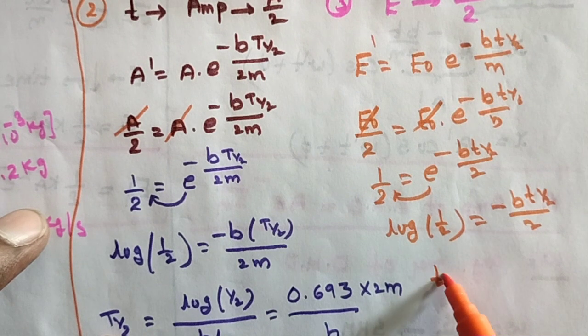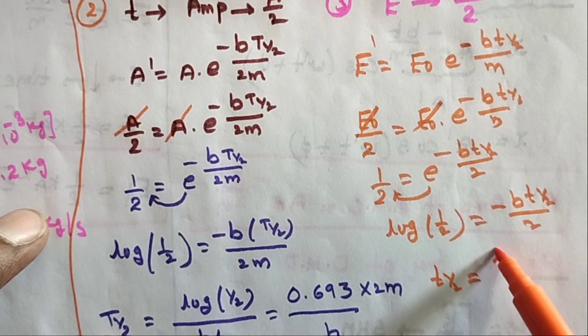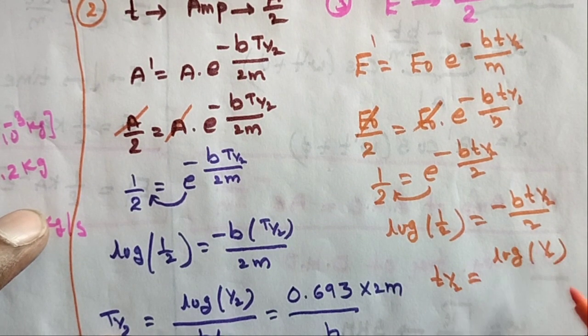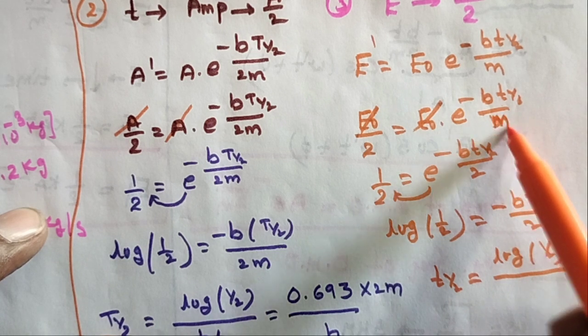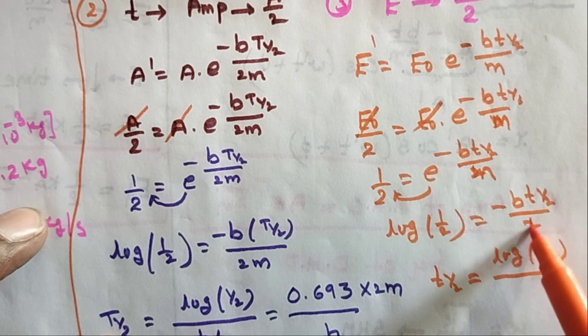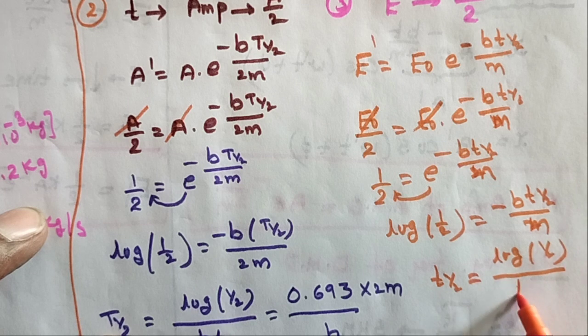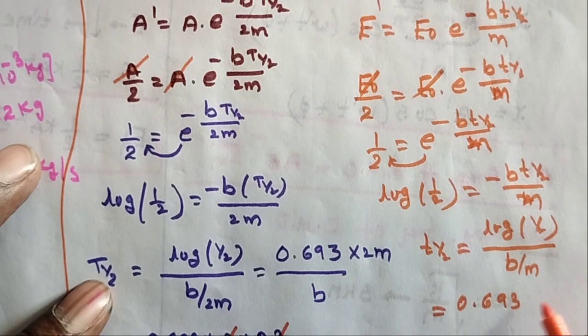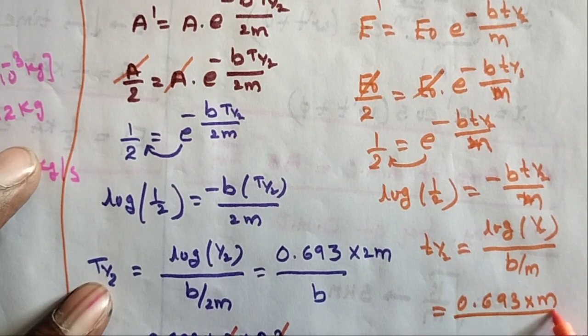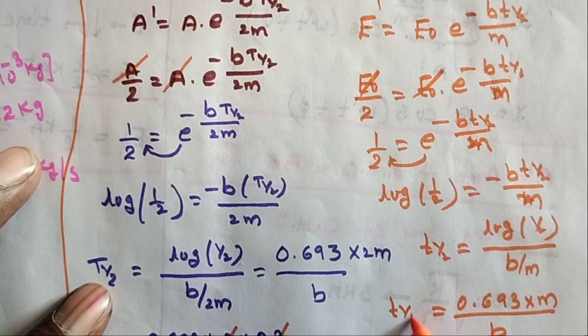And what is the t off formula? Log 1 by 2 by, sorry, this is b by m. So finally, log 1 by 2, 0.693 into m by b. This is the general t off formula.